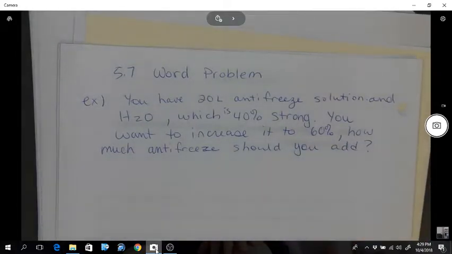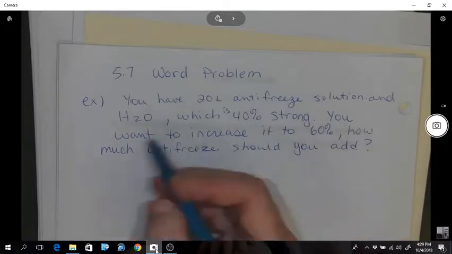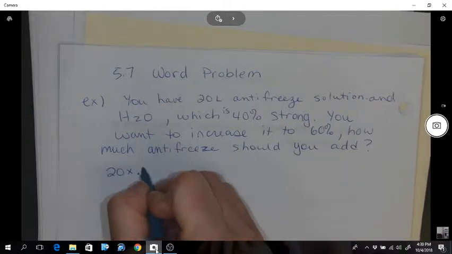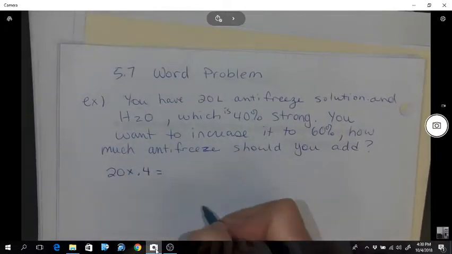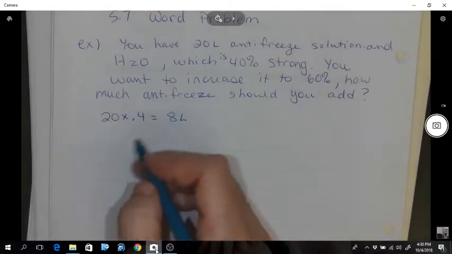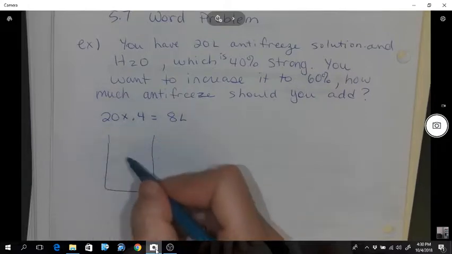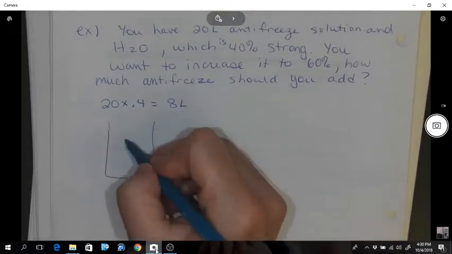Okay, so let's start. If I have 20-liter solution and it's 40% strong, that means that 8 liters is antifreeze as we speak. So here's my jug.